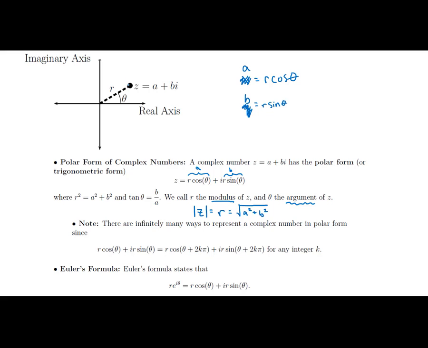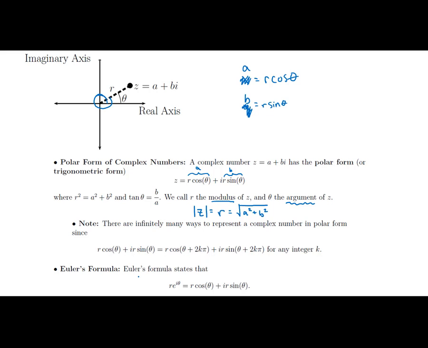So in this picture here, so this particular theta, if we then go around again so that we have theta plus 2 pi, we're going to end up in the same spot. So we have infinitely many ways that we can express our complex number in polar form.